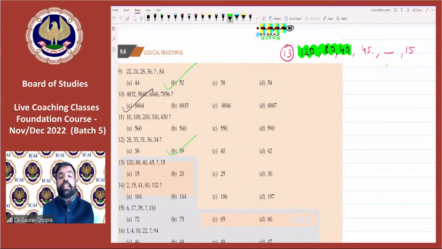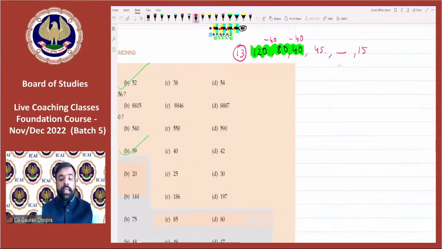If you see the first portion, 120, 80, and 40, this series is an arithmetic progression. And what is the common difference? The common difference is minus 40. The series is getting reduced by 40. So if we apply the same logic to the next set, if the first portion is an AP, the second portion should also be an AP. Now, what is the condition of AP?